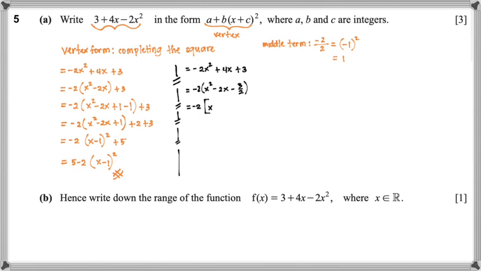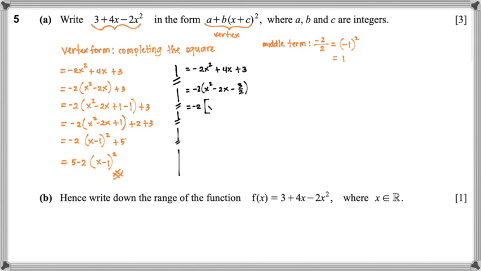So we get x squared minus 2x plus negative 1 squared, minus 3 over 2. Wait, x squared minus x squared.